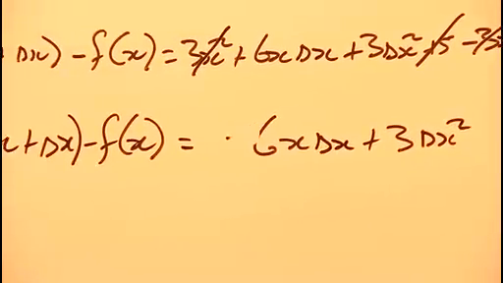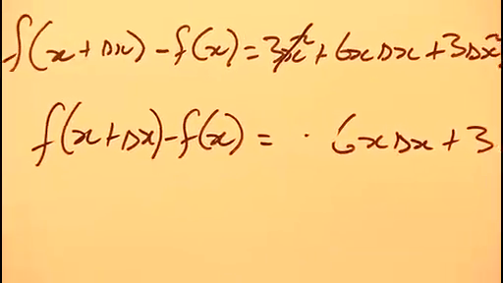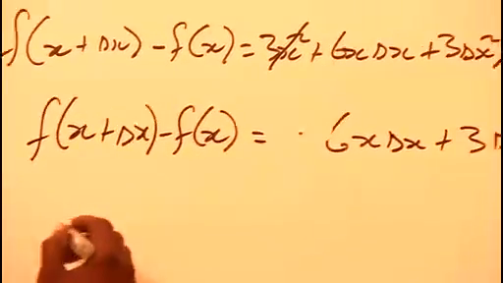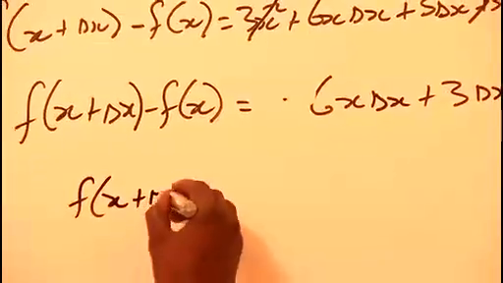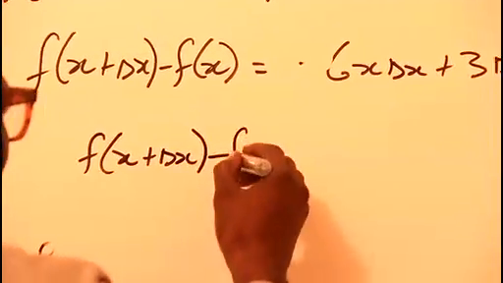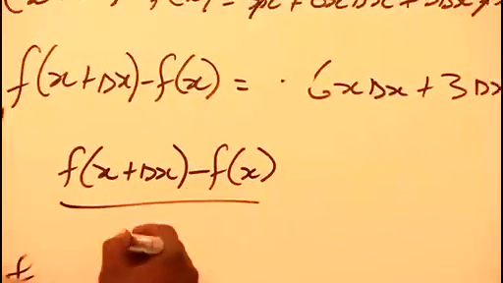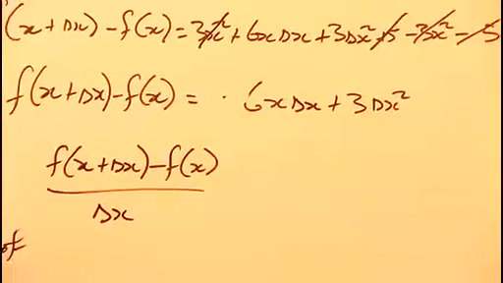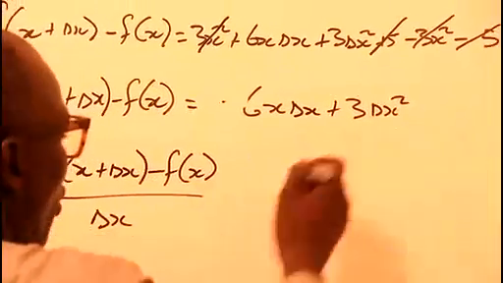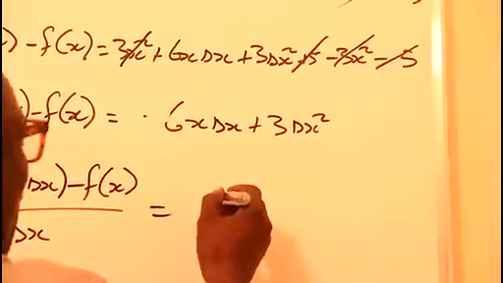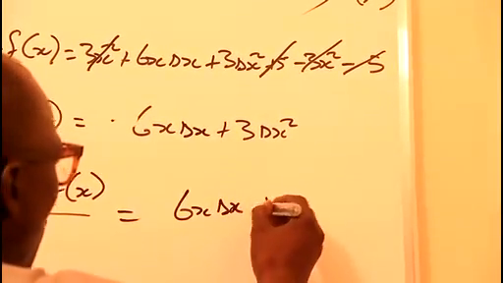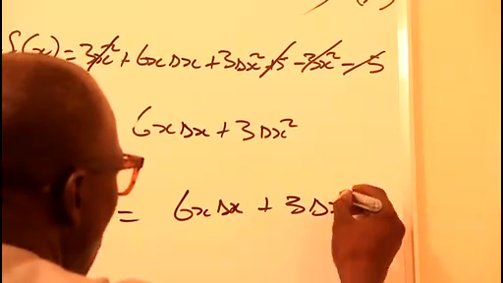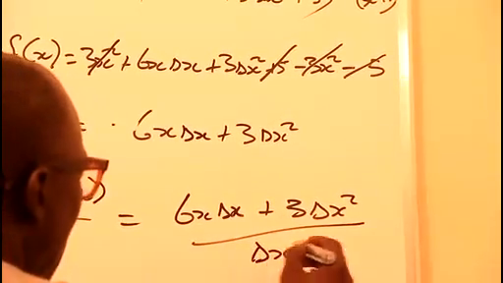Now, we know that the derivative is the limit of f of x plus change in x minus f of x all over change in x. So we divide all through by change in x here. That will give us 6x change in x plus 3 change in x all squared over change in x.